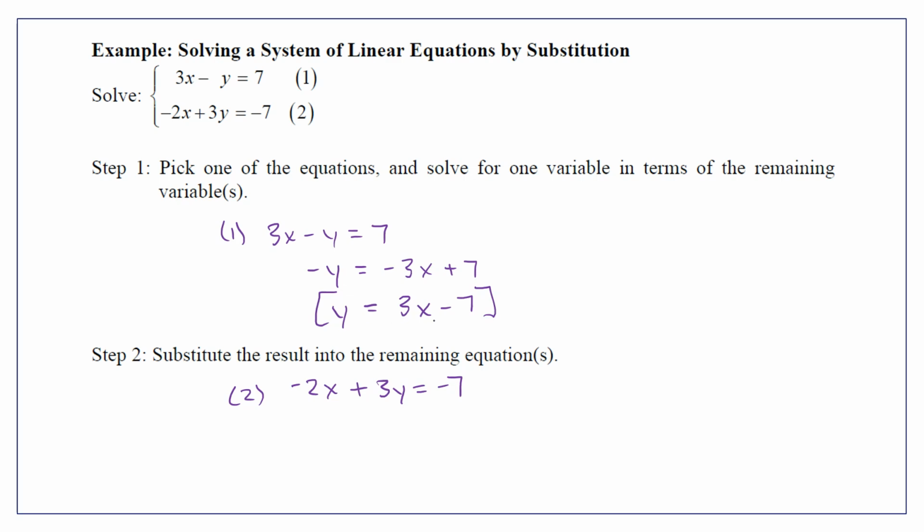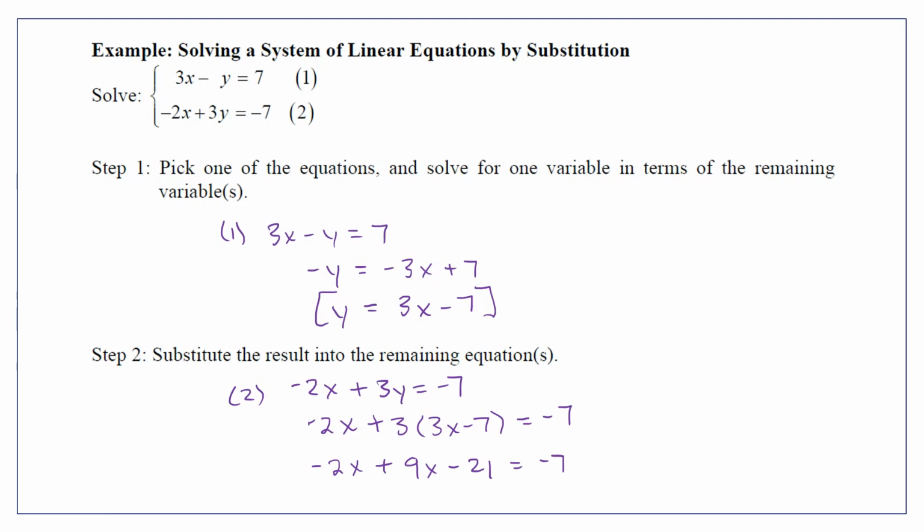So y equals 3x minus 7. So now my equation 2 looks like negative 2x plus 3 times (3x minus 7) equals negative 7. Okay. So now let us distribute that 3. So we have negative 2x plus 9x minus 21 equals negative 7.